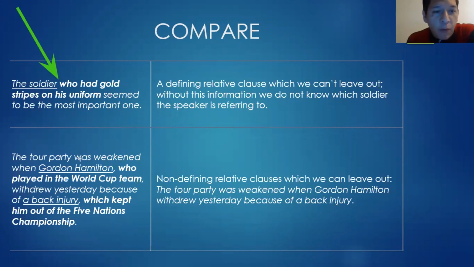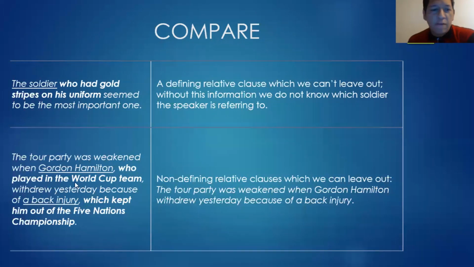Now, the tour party was weakened when Gordon Hamilton, in here we have a comma, playing in the World Cup team, withdrew yesterday because of a back injury. And then we have another comma, okay? So every time you present an idea from a non-defining relative clause, you need to have a comma. When you talk about a sentence with a defining relative clause, the commas are not necessary, okay?